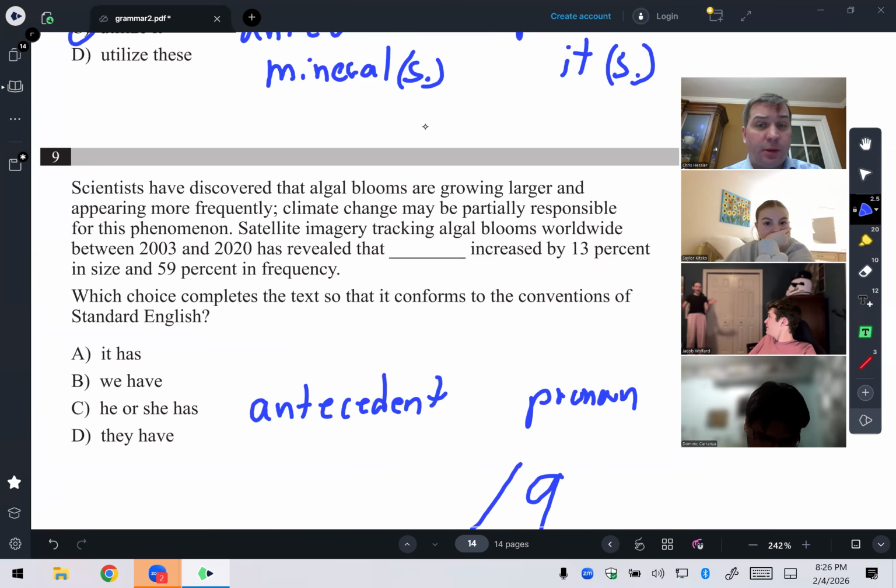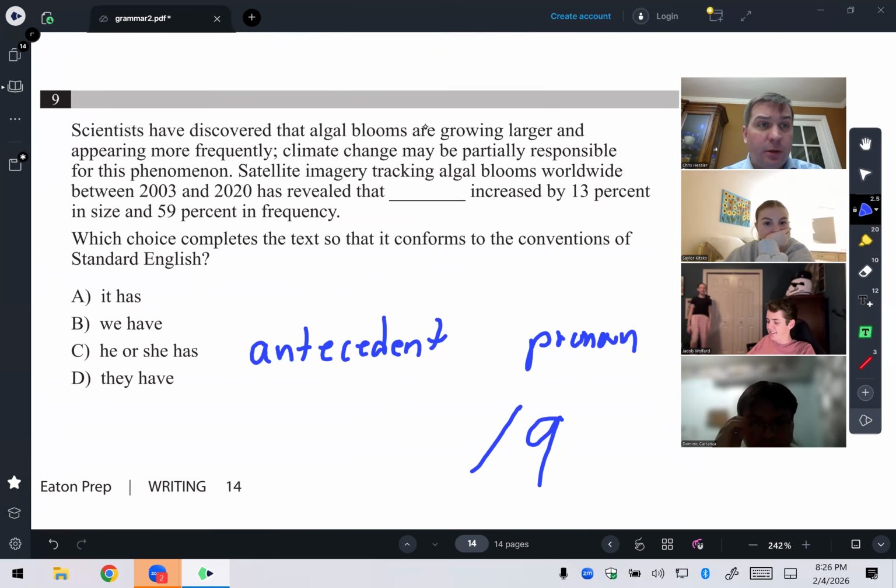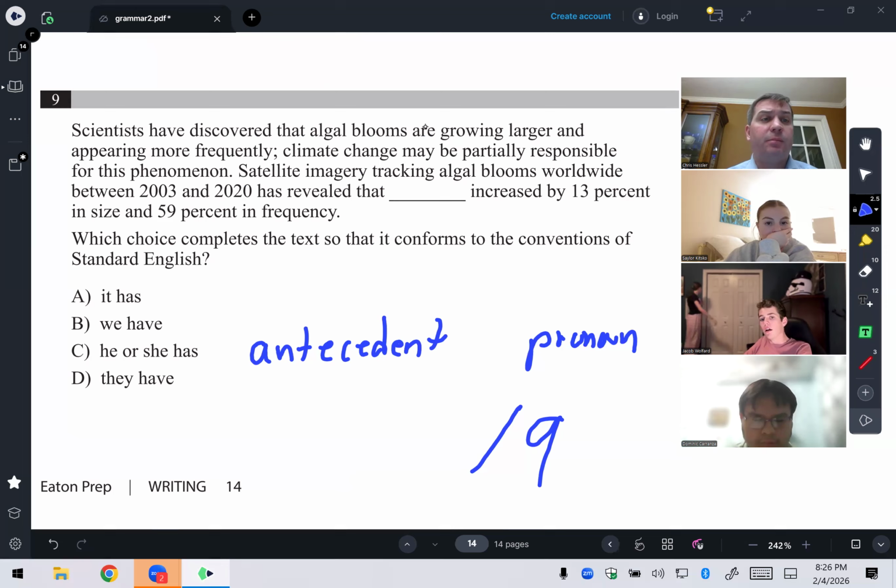All right, another last one. Scientists have discovered that algal blooms are growing larger and appearing more frequently. Climate change may be partially responsible for this phenomenon. Satellite imagery tracking algal blooms worldwide between 2003 and 2020 has revealed that blank increased by 13% in size and 59% in frequency.